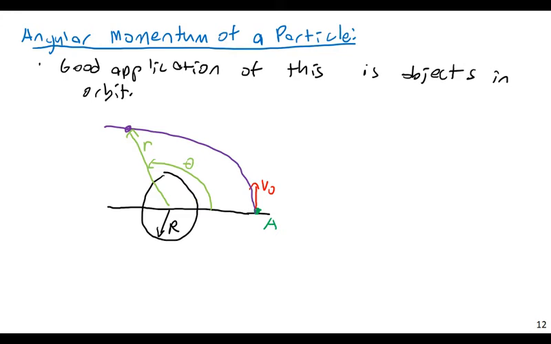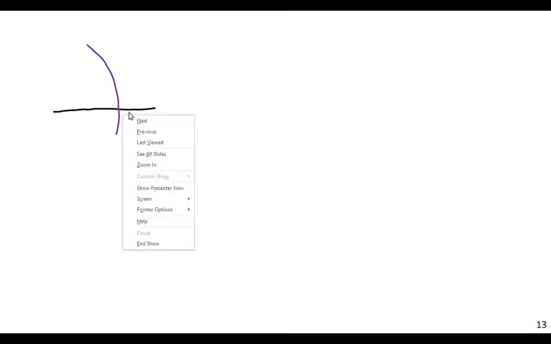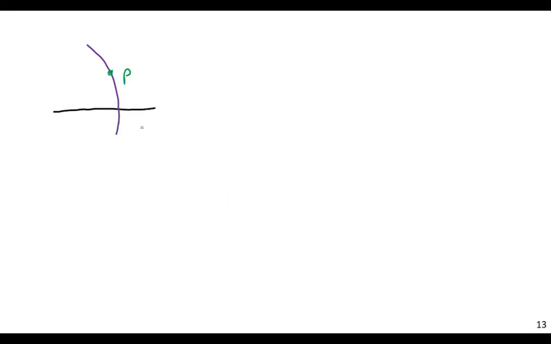So let's work through the equations of this and see how this works. I want to look at a particle in polar coordinates now. Let's say I have the path of a particle P in purple, and there's a vector r from the center, and also a theta.